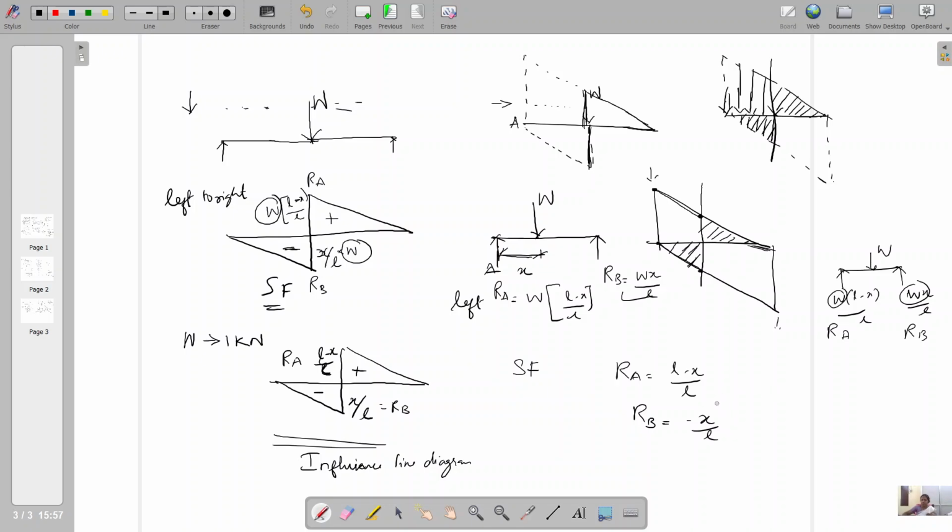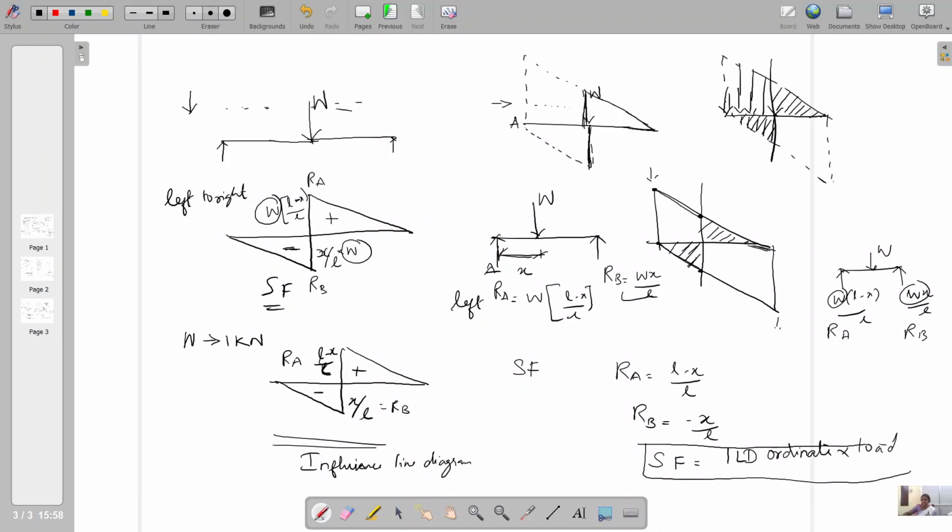Then how can we get the final value? The final value of shear force equals ILD ordinate into load. So this is a universal format.